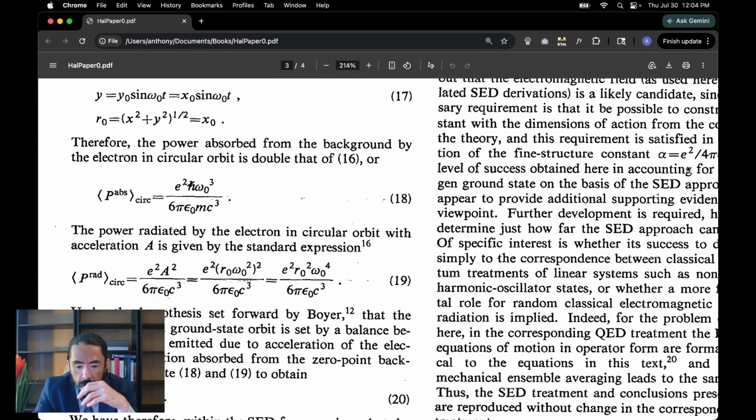Therefore, the power absorbed from the background by the electron in circular orbit is double that of equation 16, so the expectation value of the absorbed power for a circular orbit is equal to e² ħ ω₀³ over 6π ε₀ m c³.